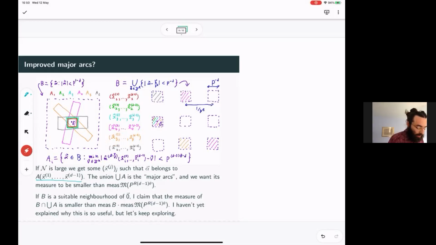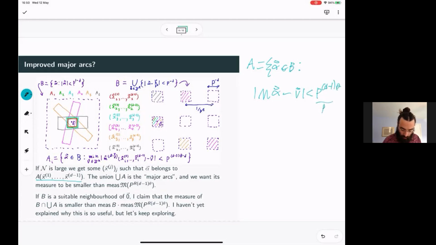peculiar solutions, so A here, one can also write it as alpha in B, such that M alpha minus V is small, so minus P to the D minus 1 theta divided by P to the D. Okay, so for a typical solution, this matrix M is going to have all its eigenvalues of around the same size, and so this system of linear inequalities is going to force alpha to be in one of these small boxes.